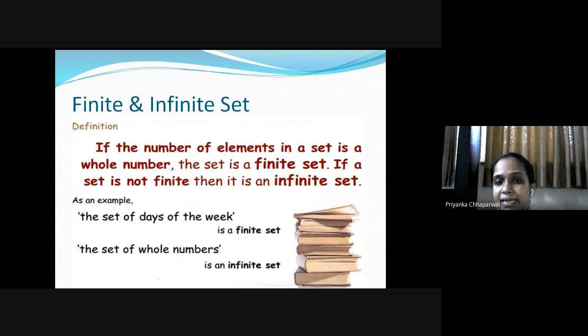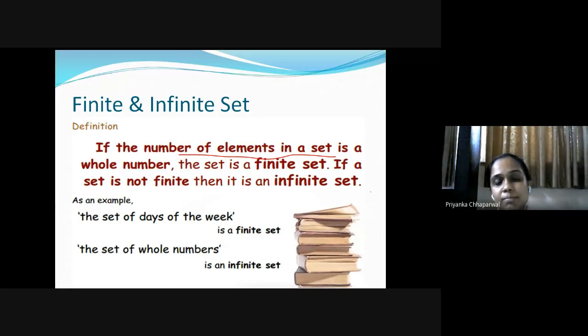Then what are finite and infinite sets? If the number of elements in a set is a whole number, first of all it is a whole number, 0 to infinity I am writing, then the set is finite. If the set is not finite, then it is an infinite set.